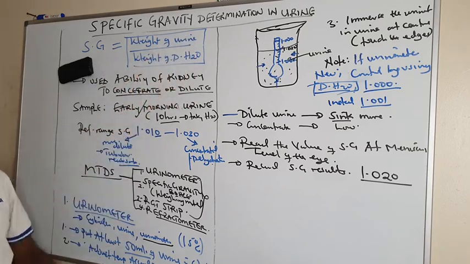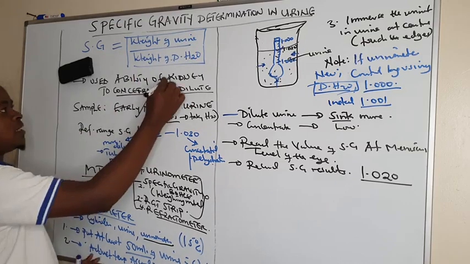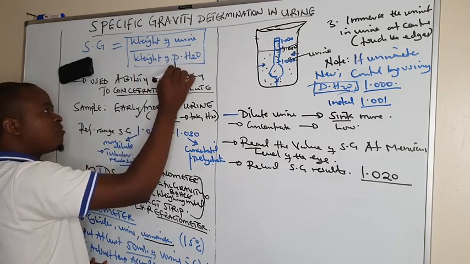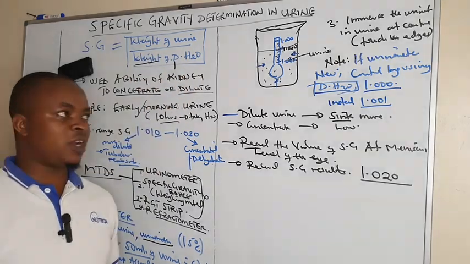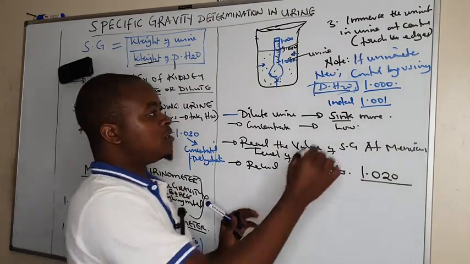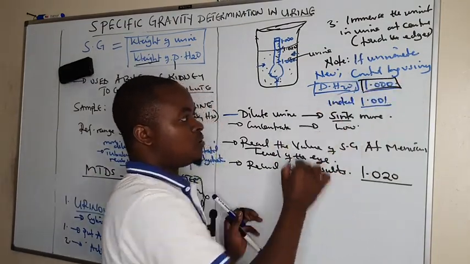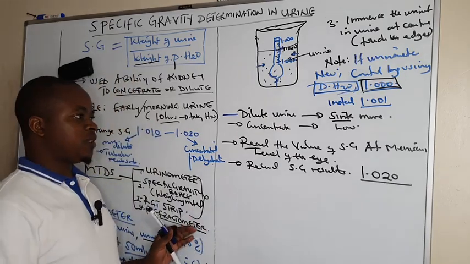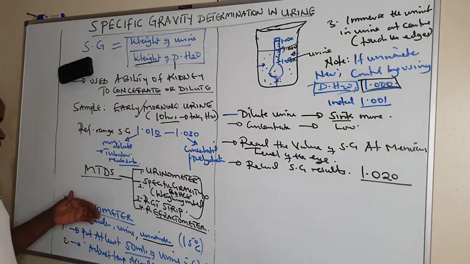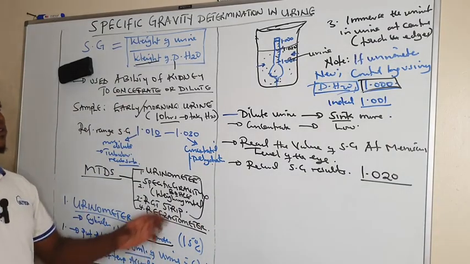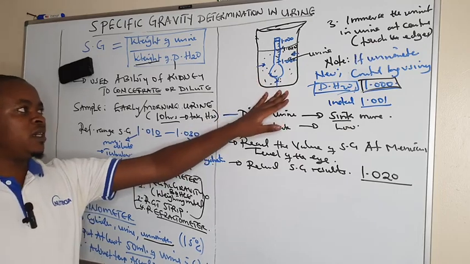I want you to master today that the reason we compare with distilled water is that we already know its specific gravity, which is 1.00. So in summary, with the urinometer, you get at least 50 mils of urine and put it in a measuring cylinder.